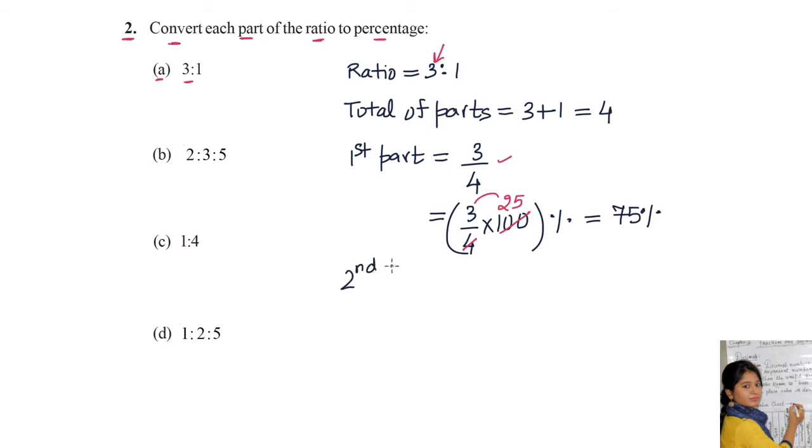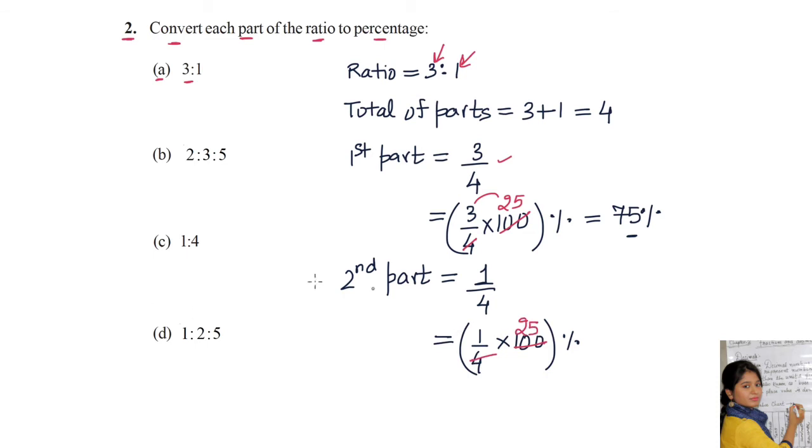Now let's find it for the second part. For the second part, first of all we will find out the fraction. We will take 1, the number which corresponds to the second part, and then divide it by the total, which will give you the fraction of the whole. So it's 1/4, right? And to convert into percentage we will multiply it by 100. So 1/4 into 100% will be the percent of the second part, and it will be 25.